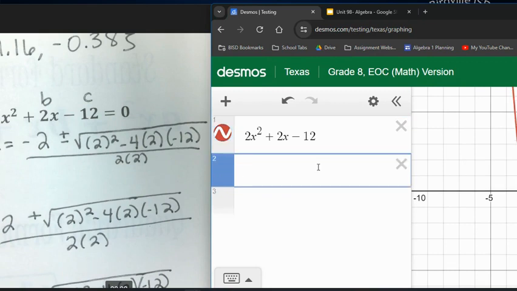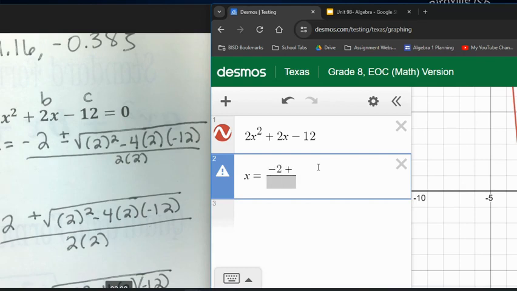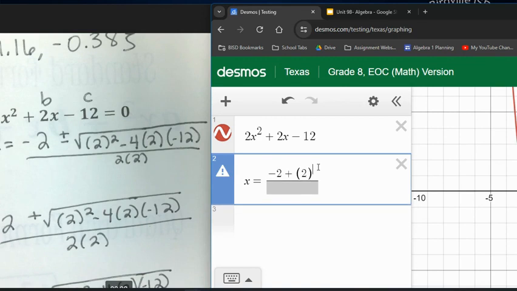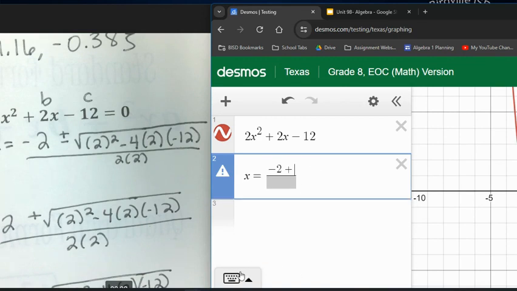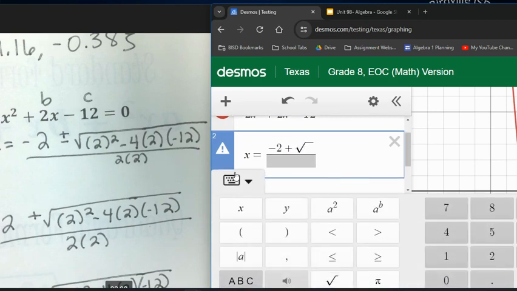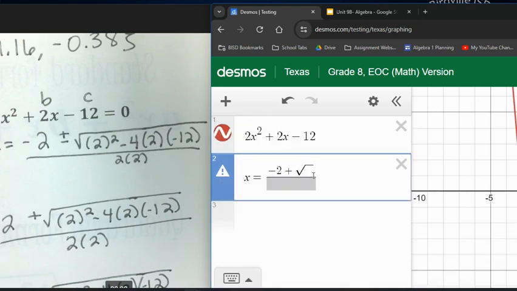Then go to the next line and do x equals. Do the little slash so it gives you a fraction. Negative 2 plus 2 squared. Nope. I forgot to do the radical. There we go. The radical is the square root.